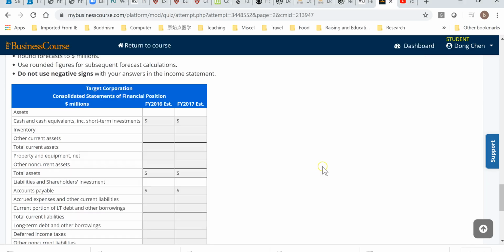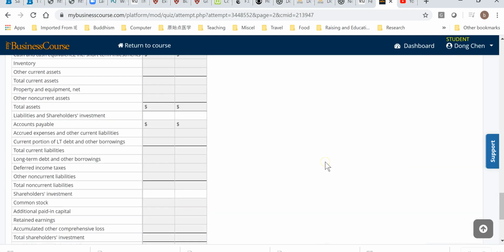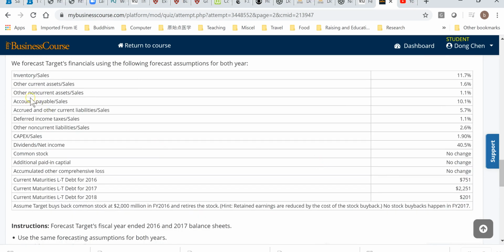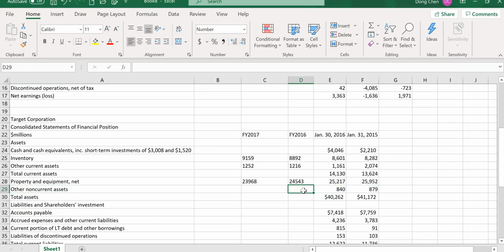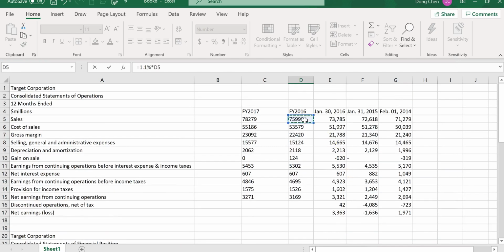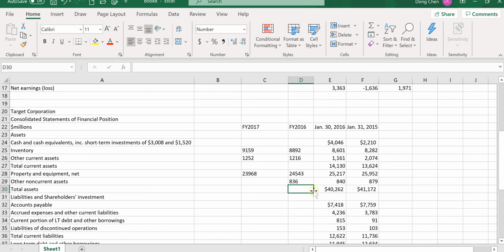So other non-current assets. Other non-current assets divided by sales will be 1.1%. So this will be equal to 1.1% times the sales. Yeah, move this to the other year.